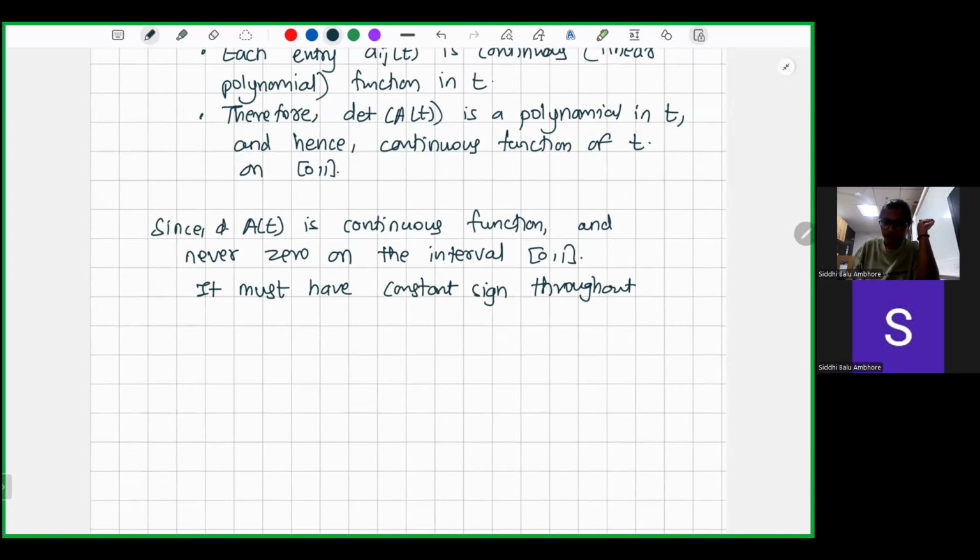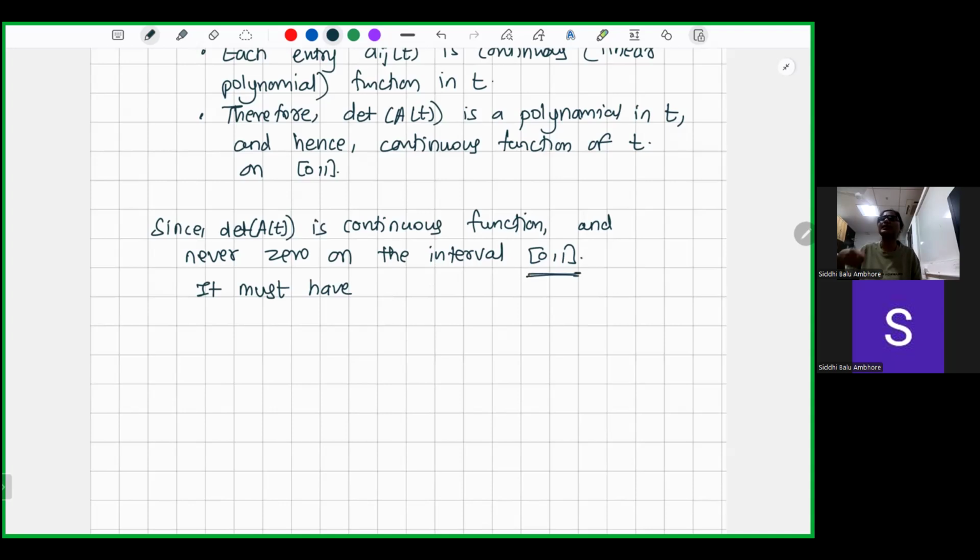See this determinant of A(t). The determinant of A(t) is non-zero, we know, and it is a continuous function, we just checked, and it is non-zero throughout the interval 0 to 1, so it must have constant sign. Okay, by the intermediate value theorem we can check. So if the determinant of A(t) at t equal to 0 is positive, then whatever value it takes between 0 and 1, it will remain positive.